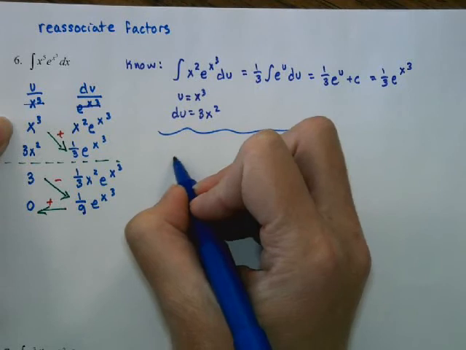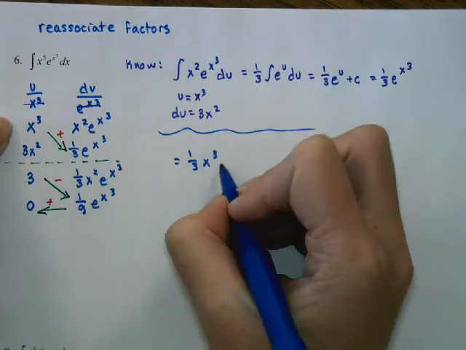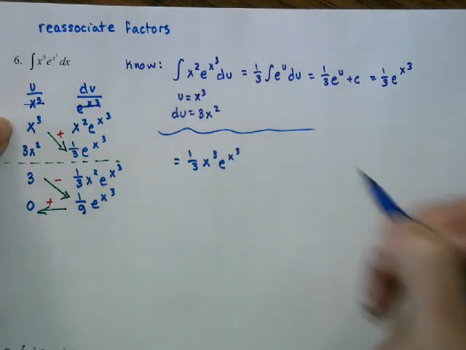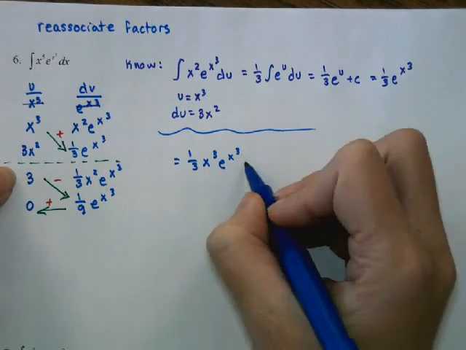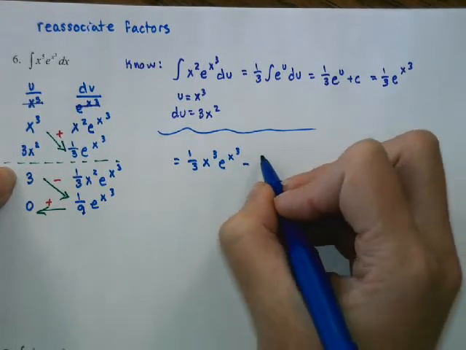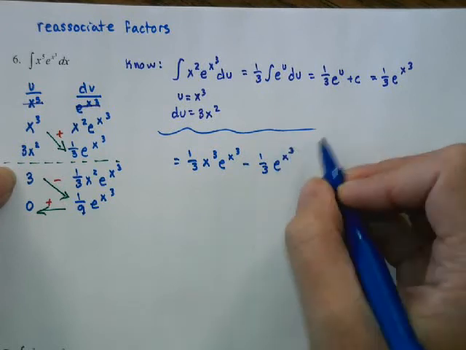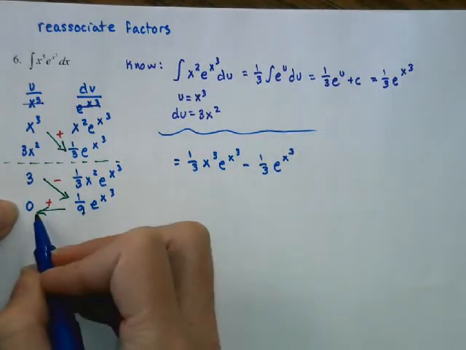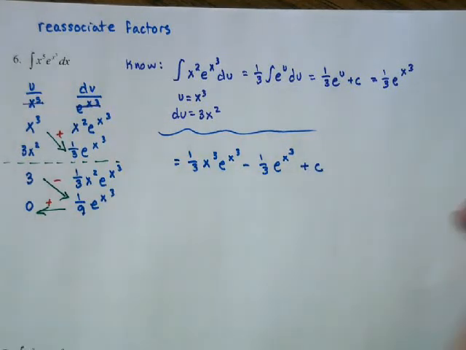So 1/3 x cubed e to the x cubed minus 3/9, which would be 1/3 e to the x cubed, minus, or plus the integral across the bottom, which is 0. So we have plus c.